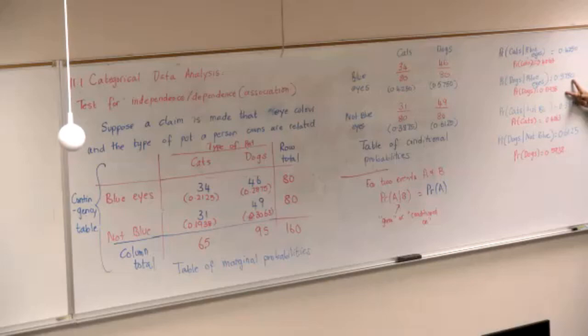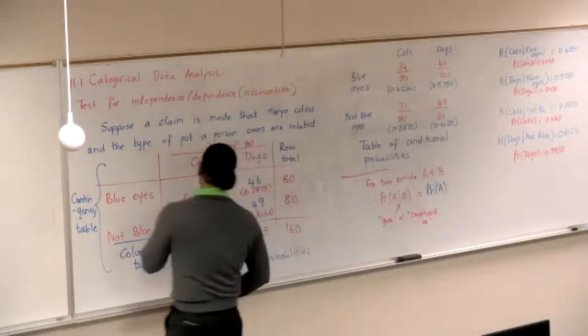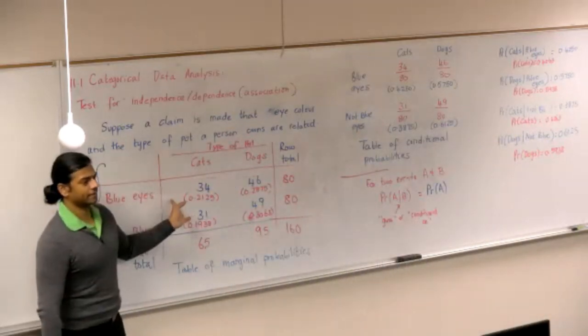In other words, approximately they are equal to each other. So we can conclude that there is no association between eye color and the type of pet. Does that make sense?